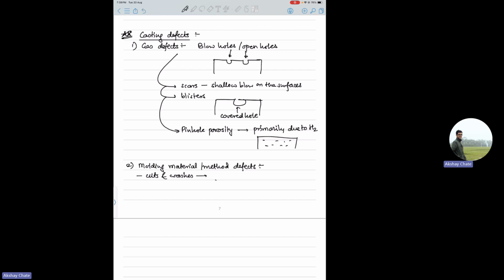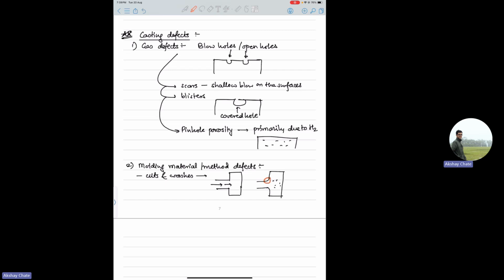What happens if you have some mold like this? From here your liquid metal enters, and if the velocity is high or there is a lot of splashing, your final mold, oh sorry, instead of looking like this, which is the expected one, it will look something like this, and the material on these corners will go inside.